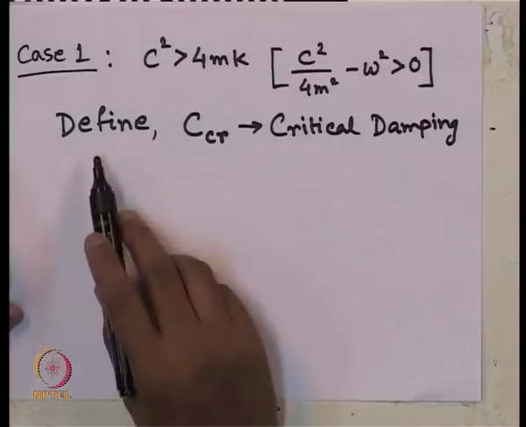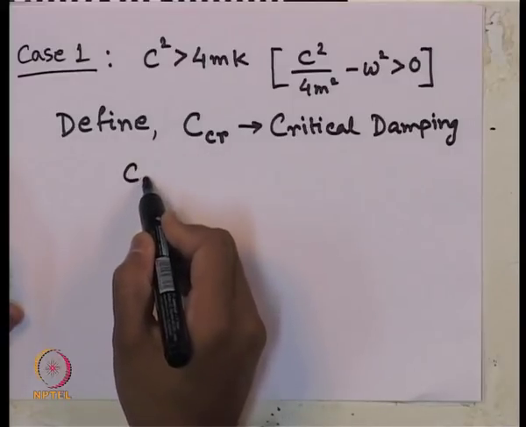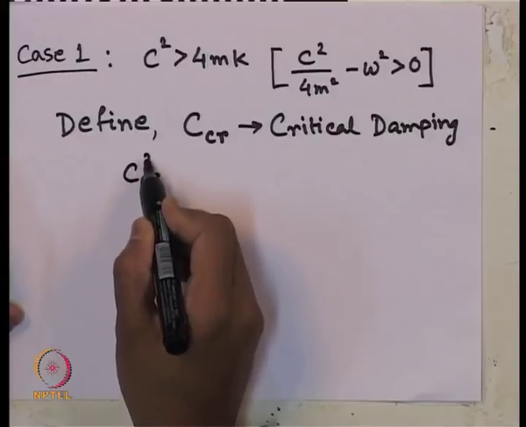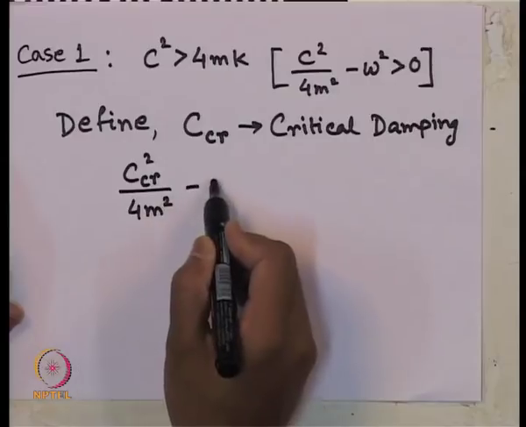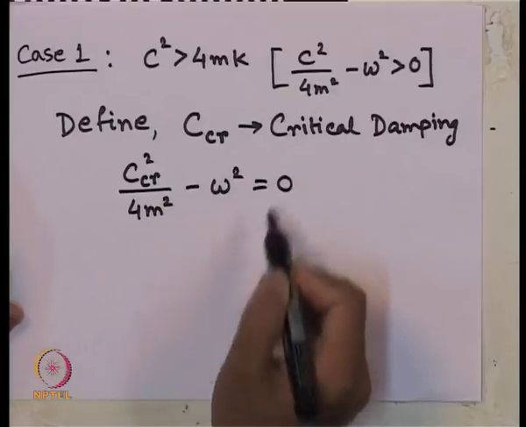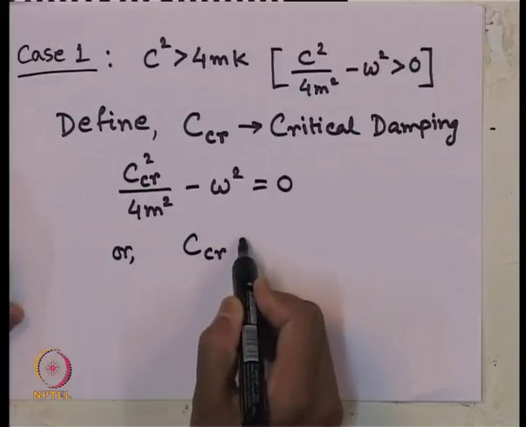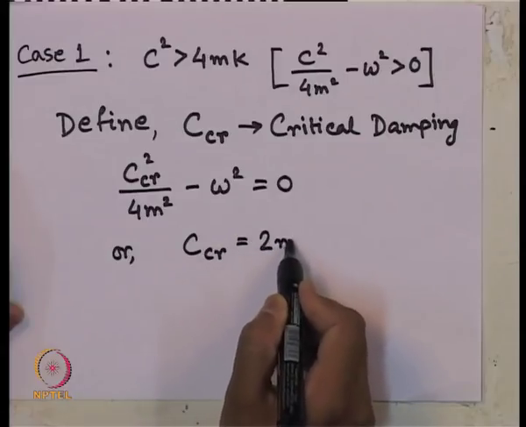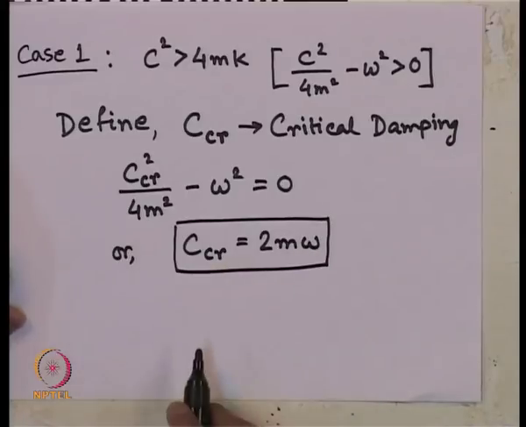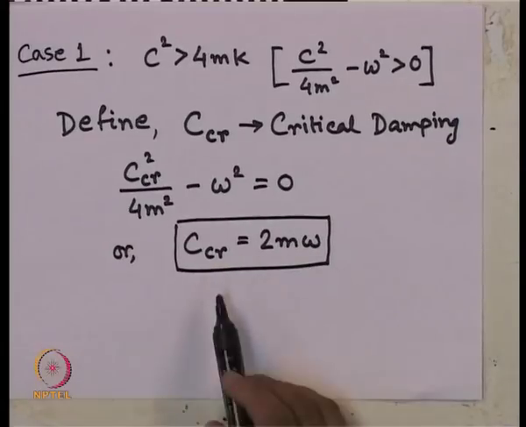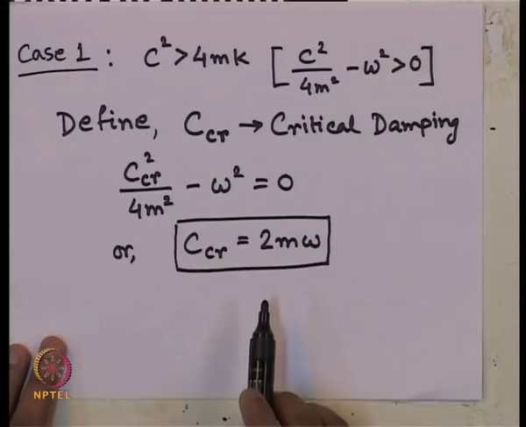So, how are we defining this critical damping constant? In such a way that CCR square by 4 m square minus omega square equals 0, or in other words CCR equals 2 m omega. So, that is the definition of critical damping constant, equal to 2 m omega.